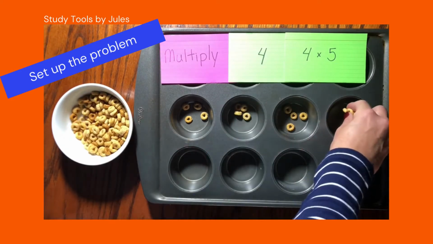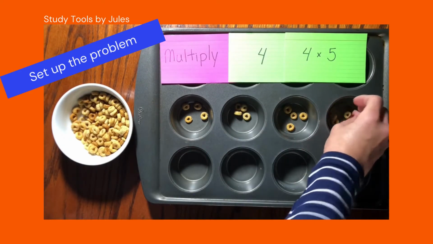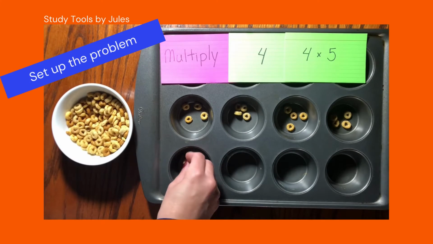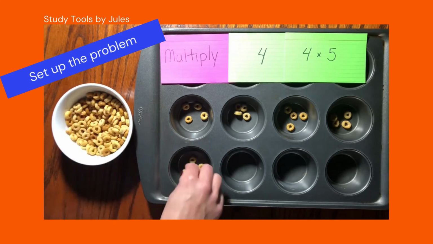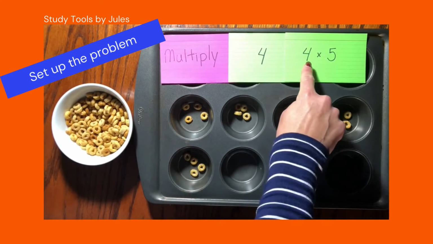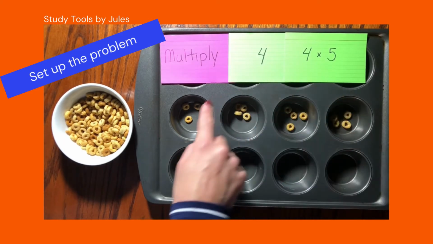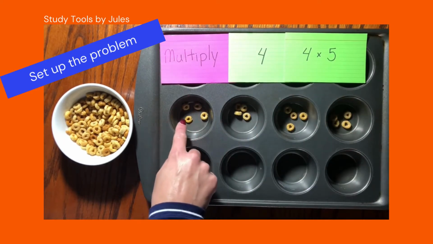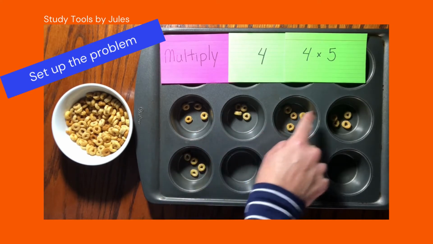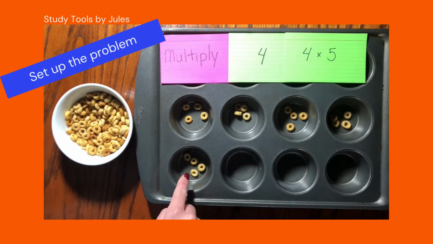This is my 4th group of 4. And my 5th group of 4. So 4 times 5, the multiplication problem, can be shown with 4 pieces of snack food, 5 groups each.